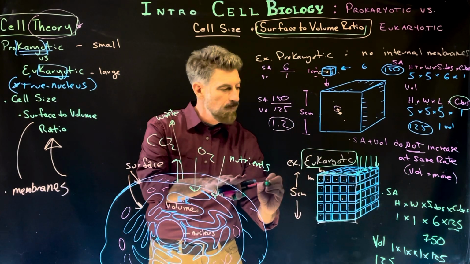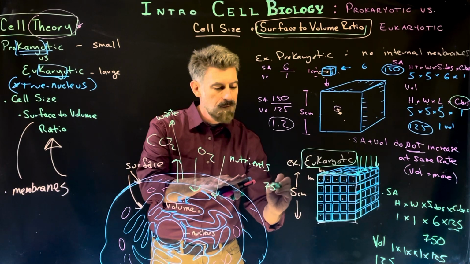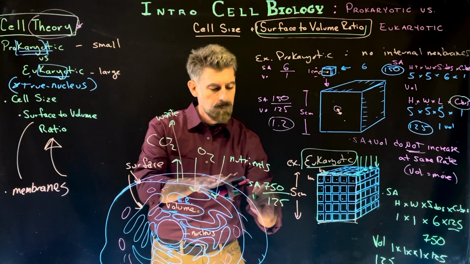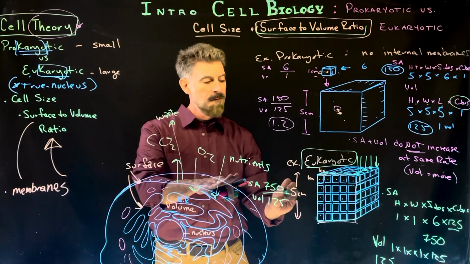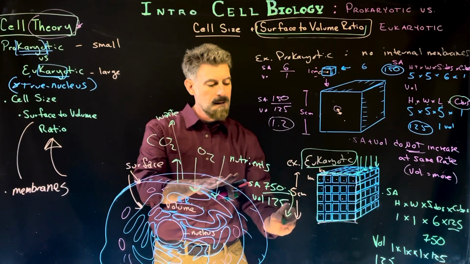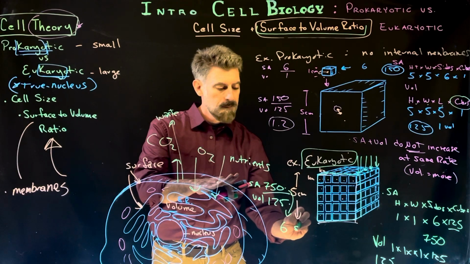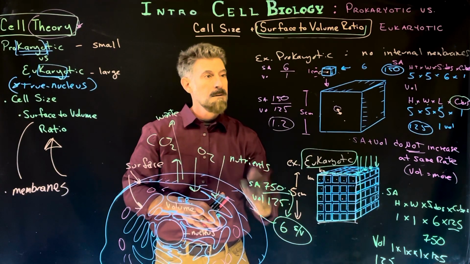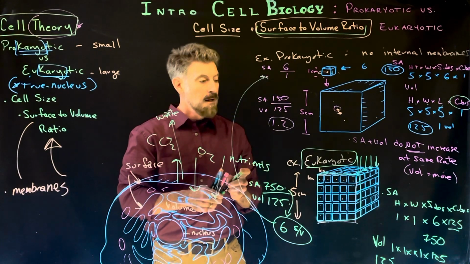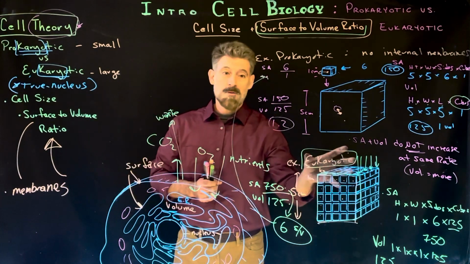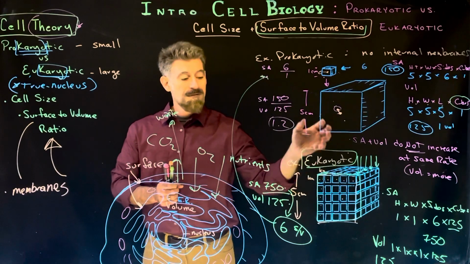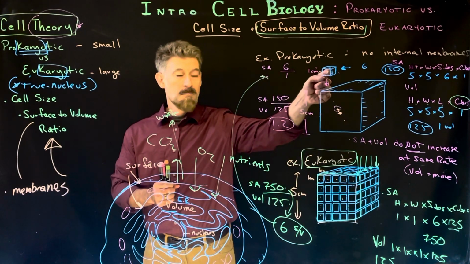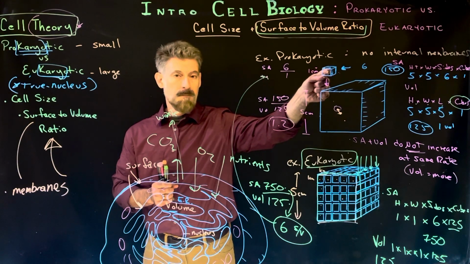In our sample, we have 750 for surface area over 125 for volume. You divide these two and you get a surface to volume ratio of 6. Essentially the same as we had up here. So what we have is a structure that's 5 times larger than this original little cell.